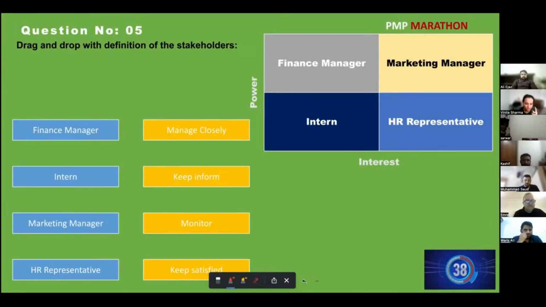Let's say this is A, B, C, D, 1, 2, 3, 4. Okay. Let's see. Finance manager is low power, low interest, and marketing manager is more interest, more power.